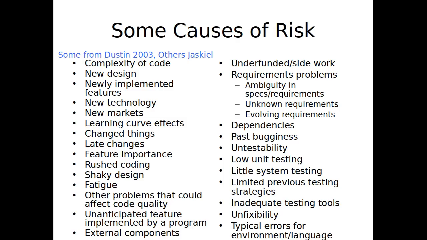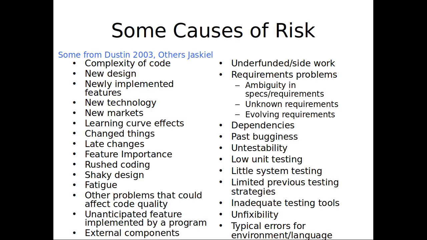So these are some things to watch out for. Code that was checked in late. We talked about that. New design. High complexity of the code. It's a gnarly algorithm. Newly implemented features. The people who wrote this were still learning Swift. It's known to have rush coding associated with it or shaky design.